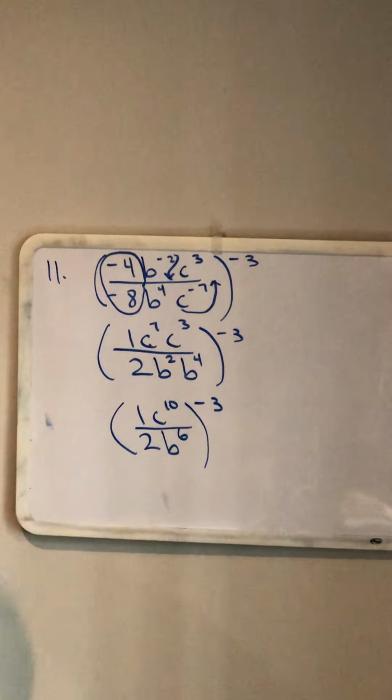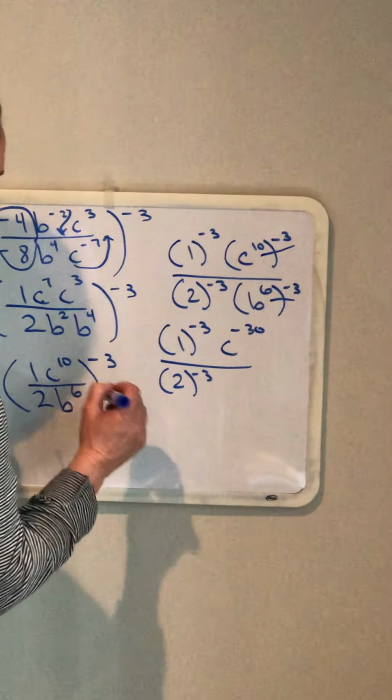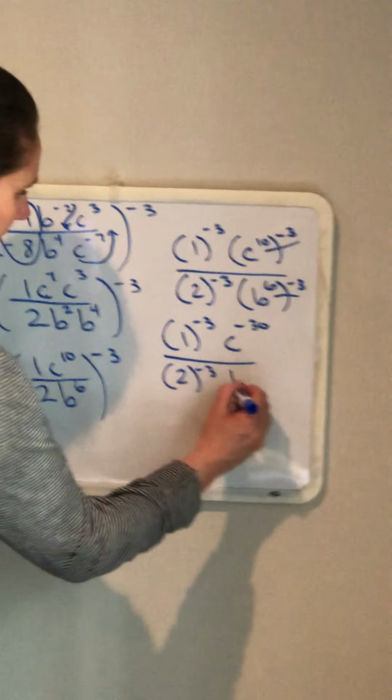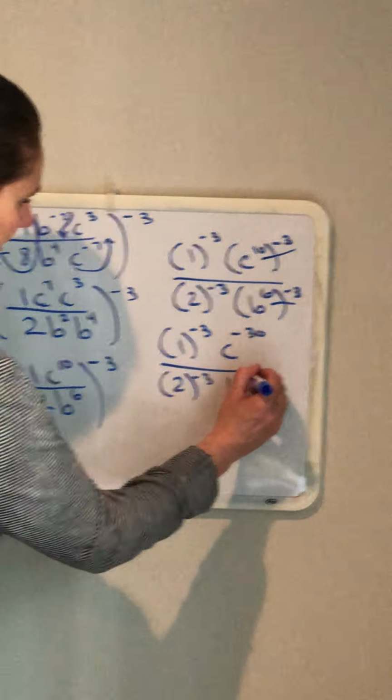I'll multiply these because they're inner outer exponents. So I now have 1 to the negative 3rd, c to the negative 30th, over 2 to the negative 3rd, b to the negative 18th.